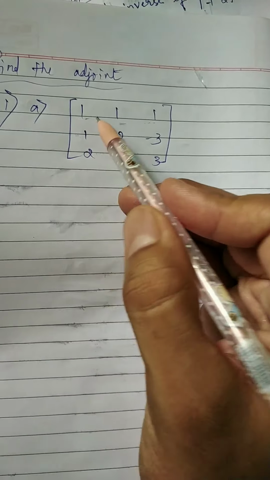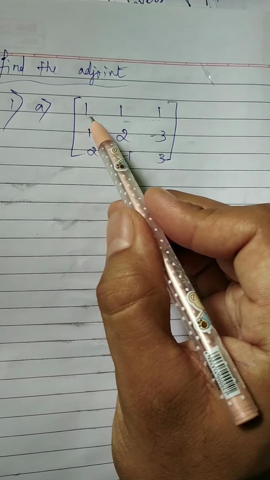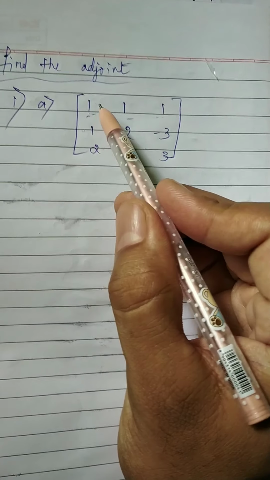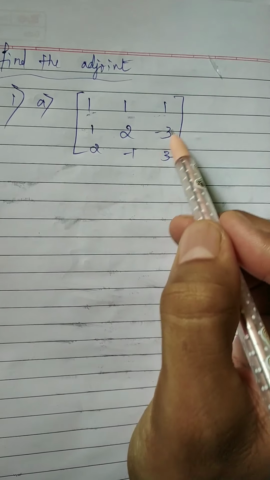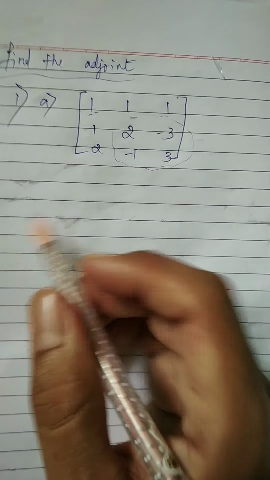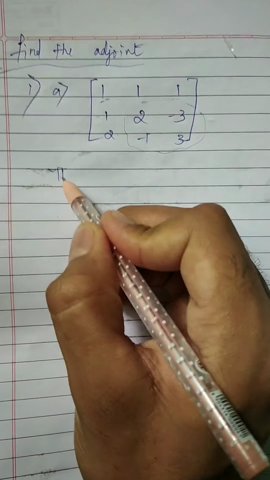So obviously, as I told you, you will find the cofactor of each of these elements by deleting the row and the column and taking the determinant of that particular element. So now we'll find the cofactors of each.